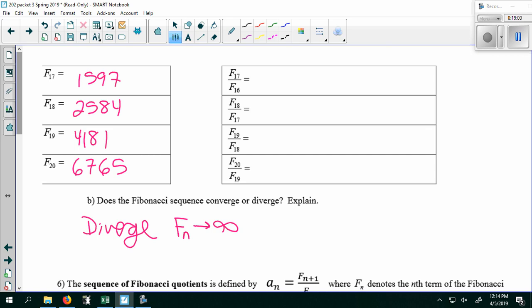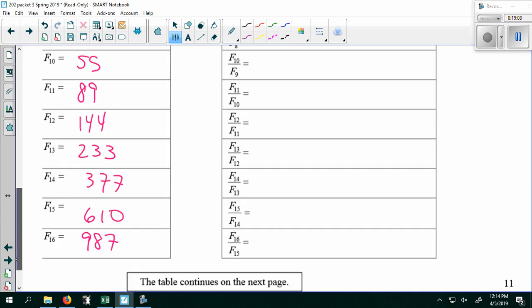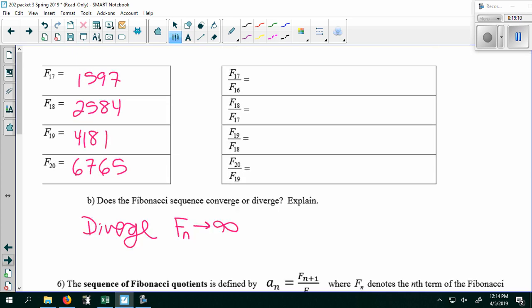So the 17th Fibonacci number divided by the 16th. So I want 1597 divided by the 16th Fibonacci number, which was 987, which is 1.6180345 if I round to 7 digits.